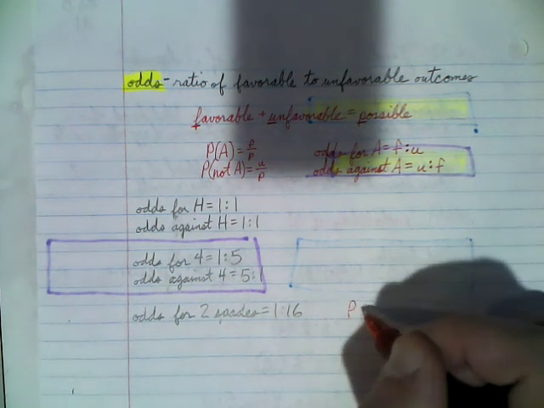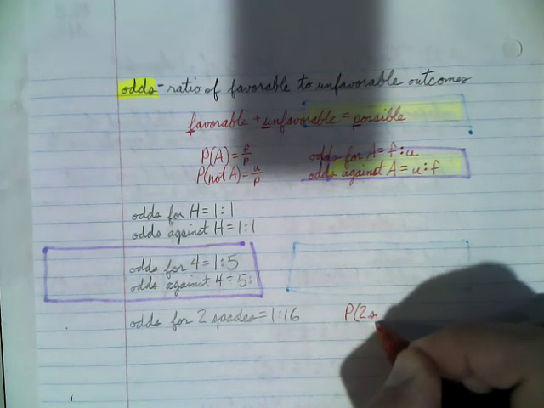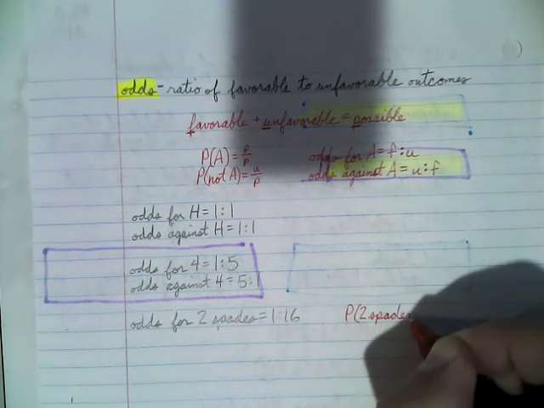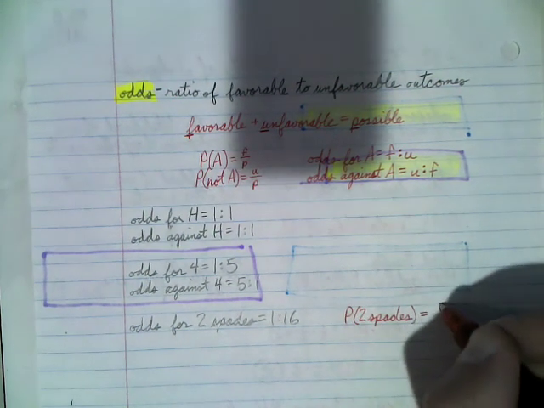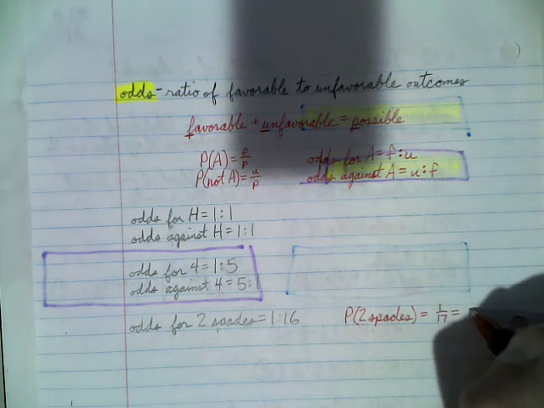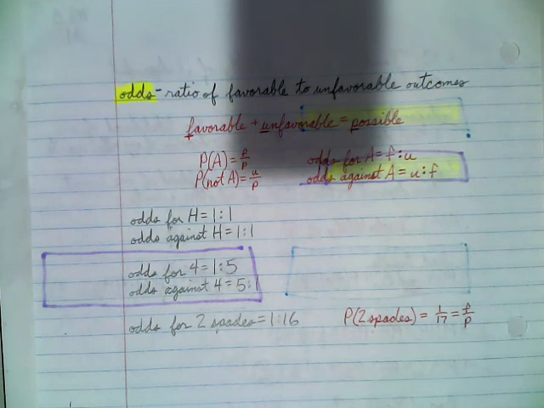And again, we pulled that from the probability of 2 spades, which was 1/17, which we know is the favorable over the possible. So my favorable was 1, possible was 17, so therefore unfavorable must be 16.